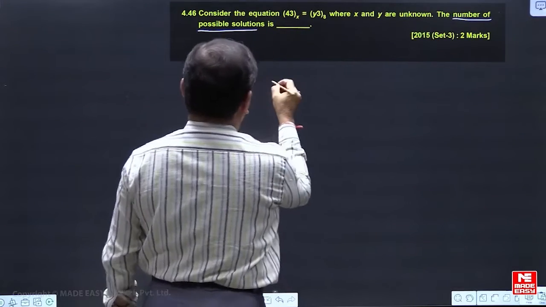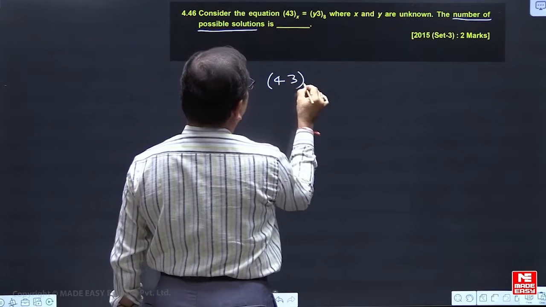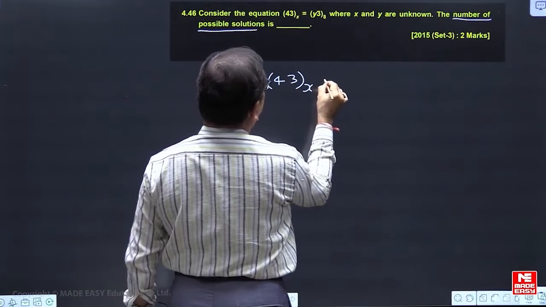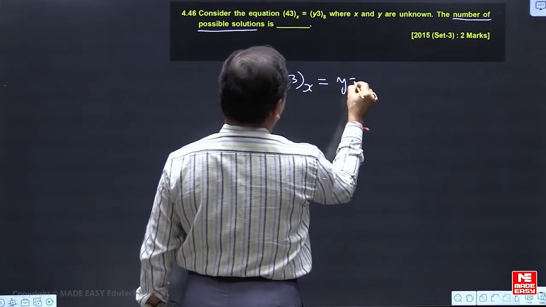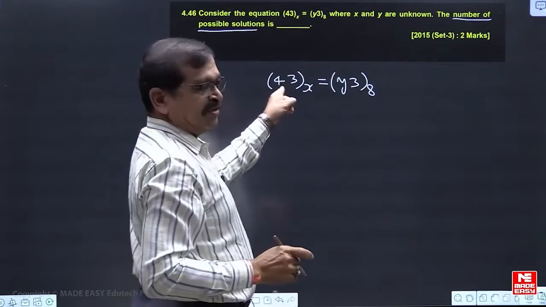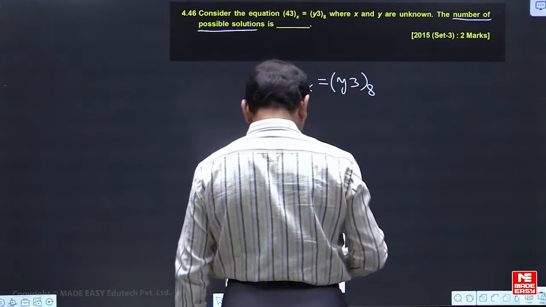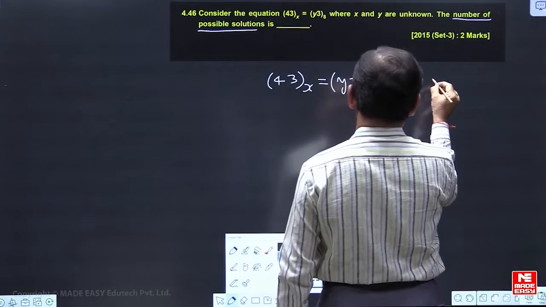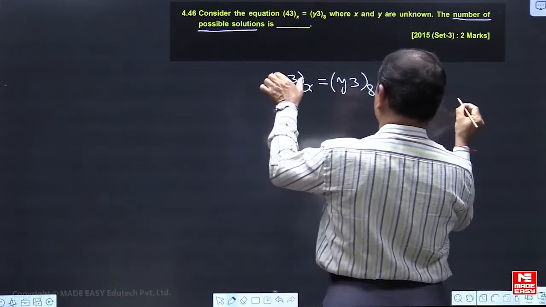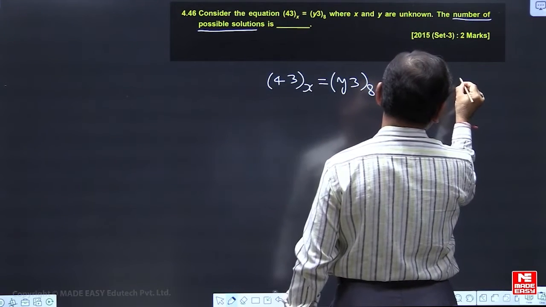So from this given data, we can draw a few conclusions. From 43 base x, we can say that whatever the x value is, the base of this number system must be greater than 4.